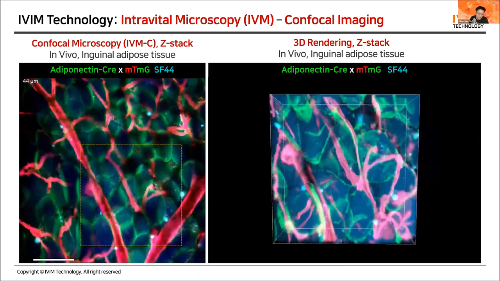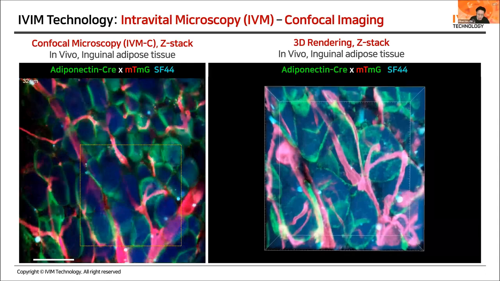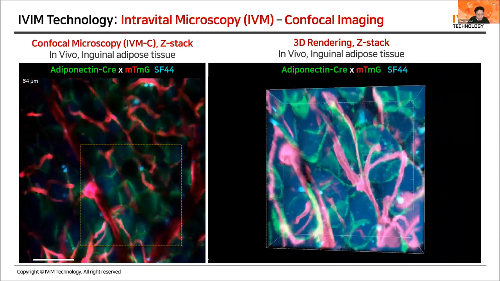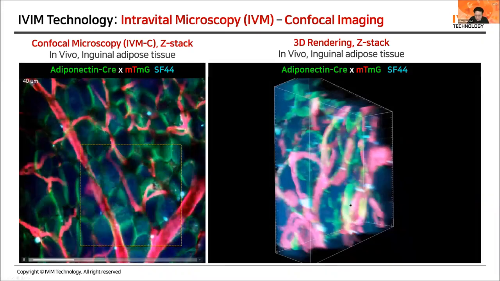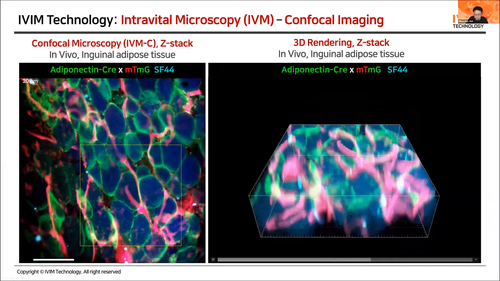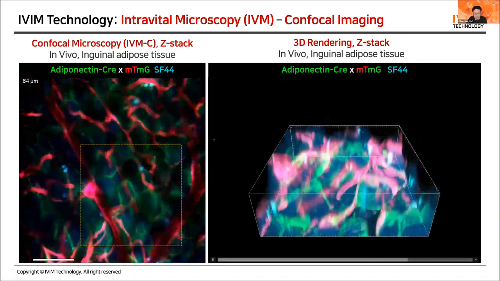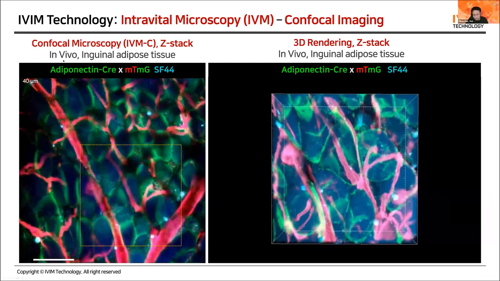In the Z-axis direction, the axial resolution is about 2 micrometers. So we can basically have this microscopic scale 3D structure. Multicolor 3D structure can be visualized by using the confocal imaging mode in a live mouse model in vivo.